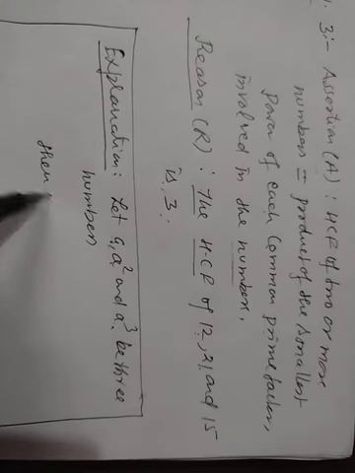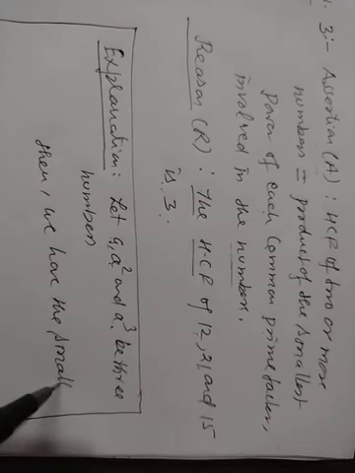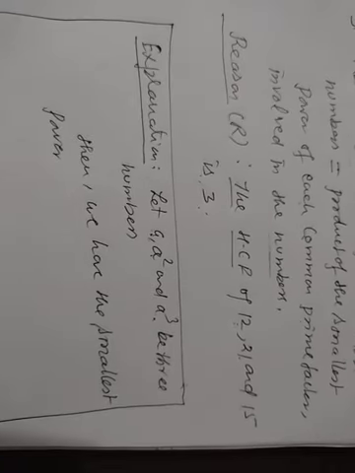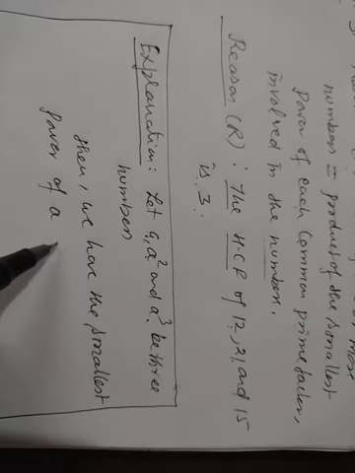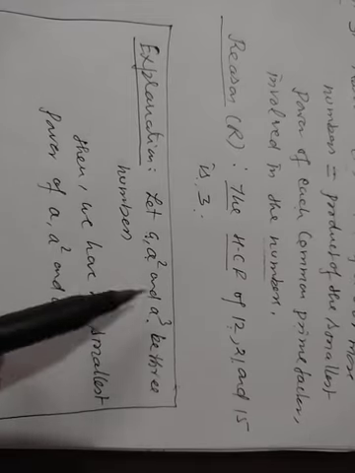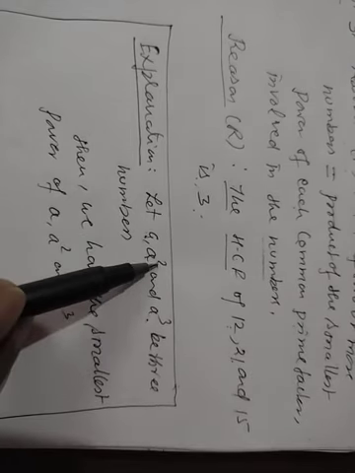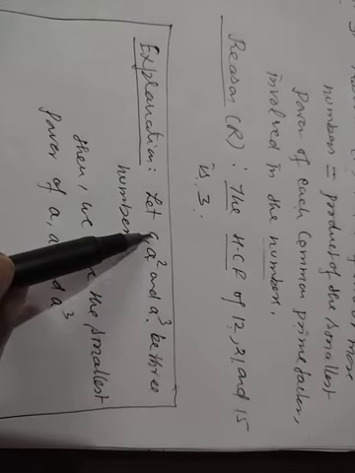Then we have the smallest power of a, a square and a cube. Student, you are looking at a square and a cube, these powers 2 and 3 are visible, but the power of a is not visible.